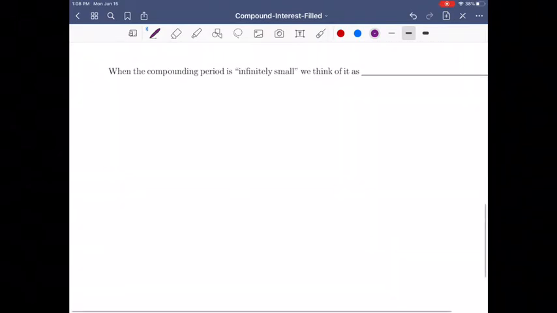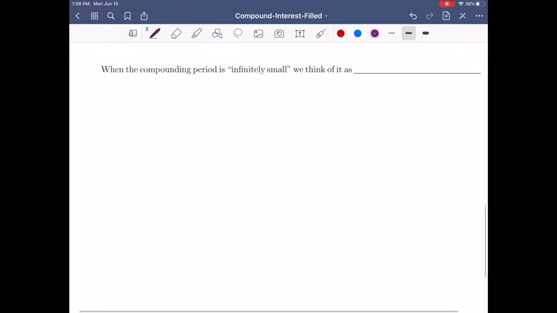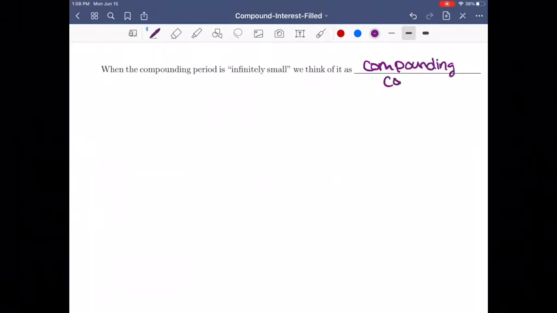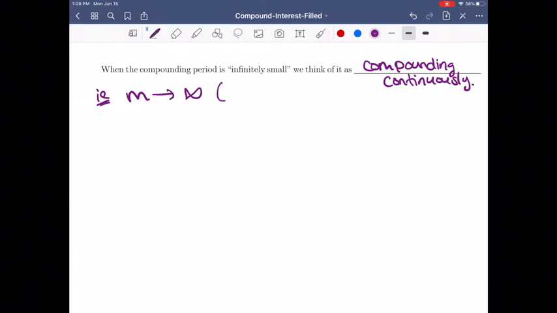So what we think of when we say that is compounding continuously. So here, the M value is getting really, really big because we're compounding more often. So it's approaching infinity.